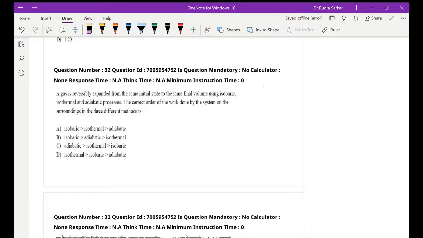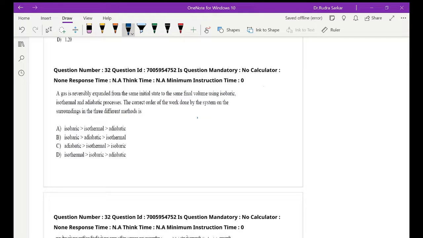The question over here is: a gas is reversibly expanded from the same initial state to the same final volume using isobaric, isothermal, and adiabatic processes. The correct order of work done by the system on the surroundings in the three different methods is what we have to answer.